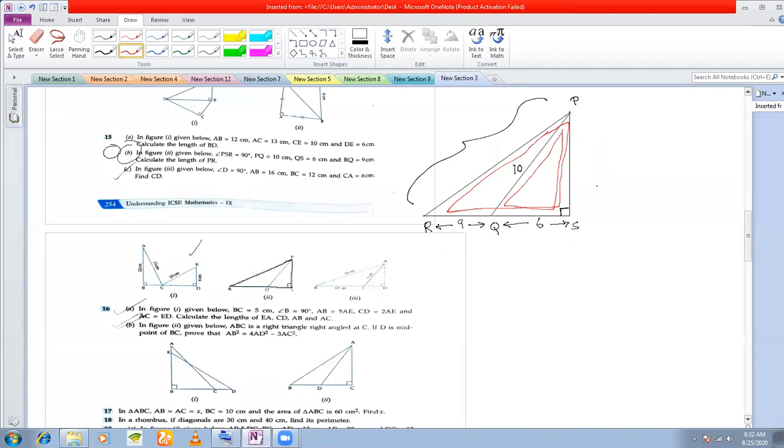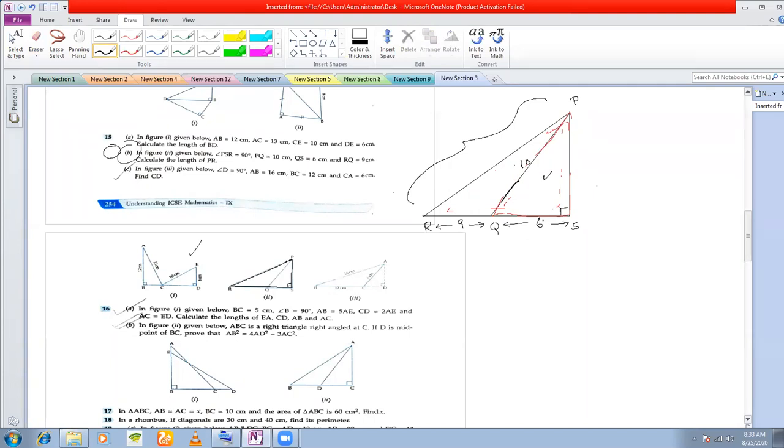Consider the small right angle triangle first. Let me just erase and make it a little neater. This is given to be your 10.